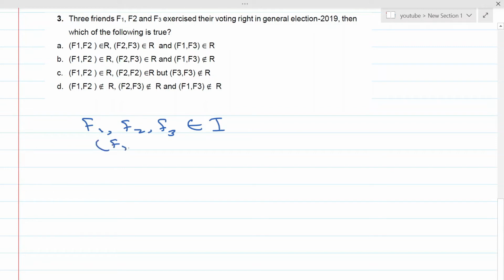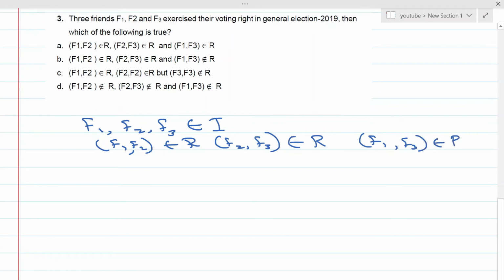So (F1, F2) belongs to R, (F2, F3) belongs to R, (F1, F3) belongs to R, and their opposites also: (F2, F1), (F3, F2), (F3, F1). So let's look at the options. (F1, F2) belongs to R, (F2, F3) belongs to R, (F1, F3) belongs to R. This option would be the correct answer. The remaining we don't even need to look at because the first option itself is correct.